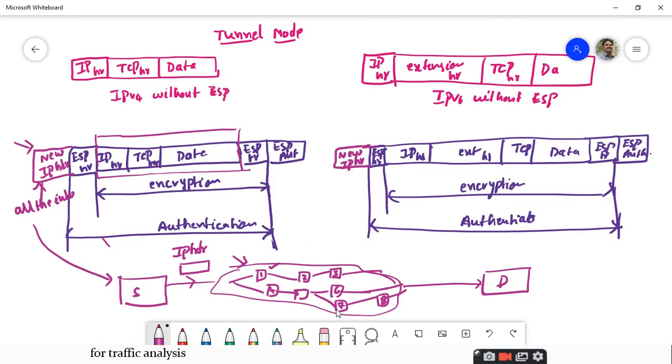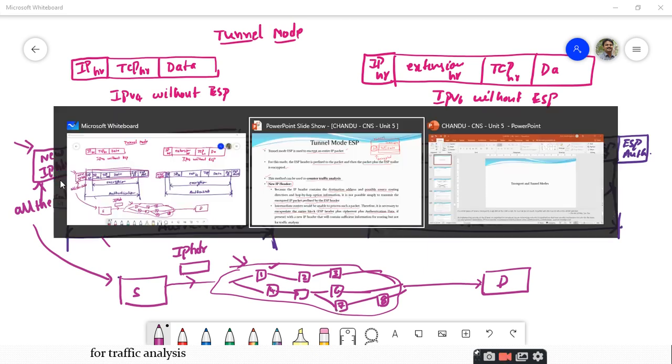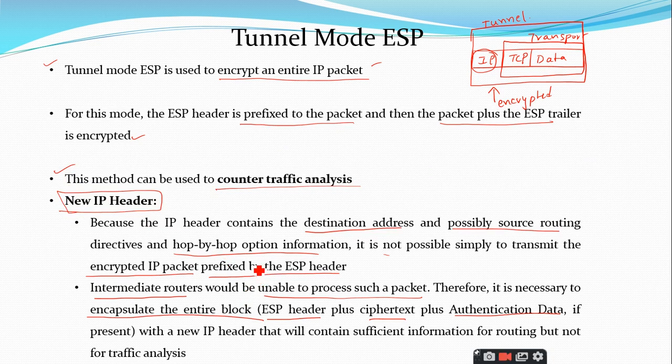See here. So, from here to here, everything is encapsulated within this new IP header. So, once you have the new IP header, everything will be clear.